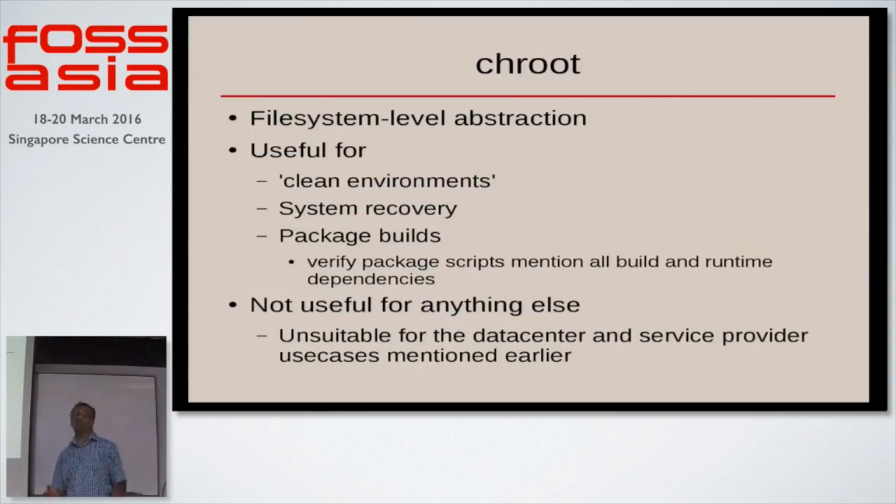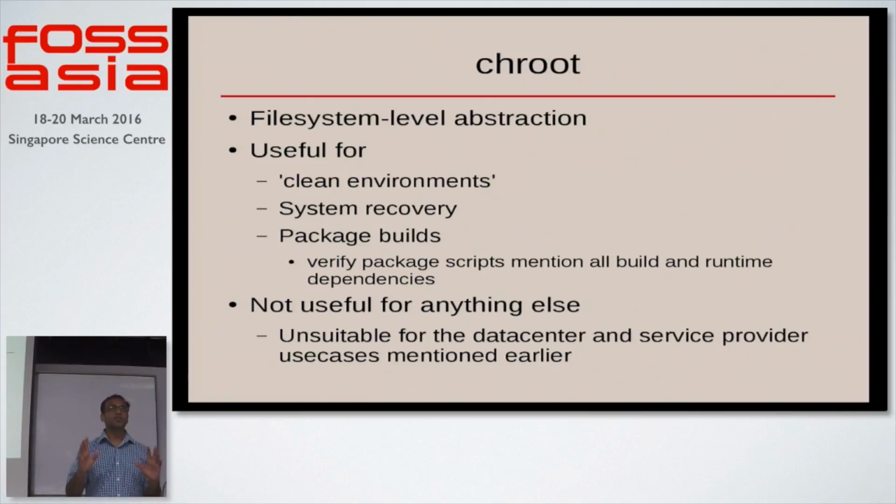So the first is chroot. I'm sure many of you would have heard of such a thing and even used chroots. These are useful for clean environments. If people are doing package builds, let's say on Fedora and Red Hat, we use a tool called mock for building packages. When we write a spec file, we run this tool called mock, which grabs all the build dependencies, builds the package, and also deploys it, just to test that the spec file is actually sufficient to pull in all the build requirements, so that when this package is built on another machine, it does build.